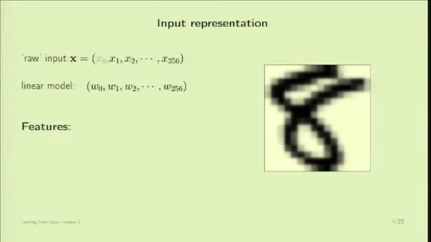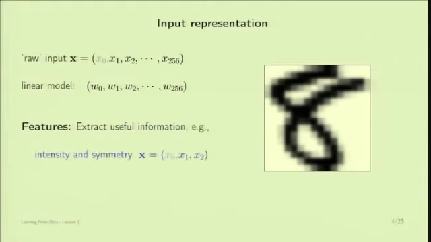What are features? Well, you extract the useful information. As a very simple suggestion, in this particular case, instead of giving the raw input with all of the pixel values, you extract some descriptors of what the image is like.